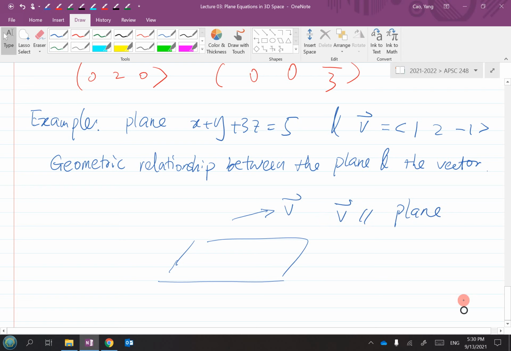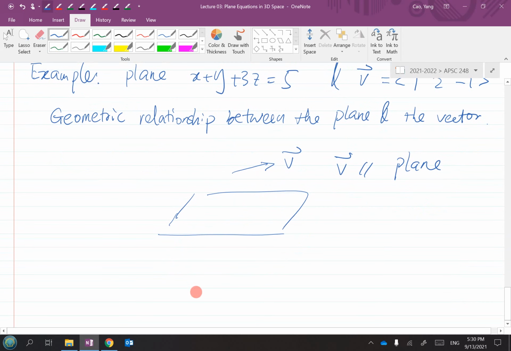Another type of relationship is a special relationship. So the vector here is perpendicular. Now my drawing is a little bit exaggerated. I mean, the vector not necessarily is intersecting the plane. The vector could be anywhere in 3D space, because vectors are free.